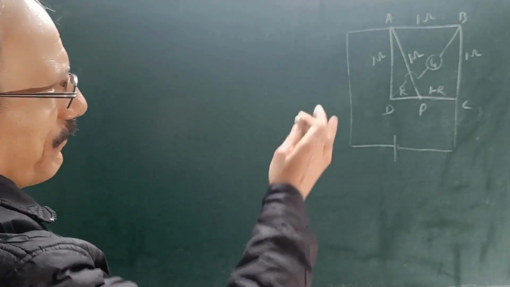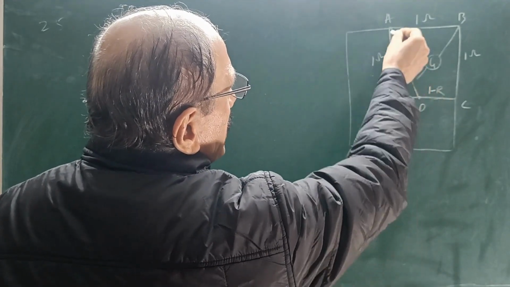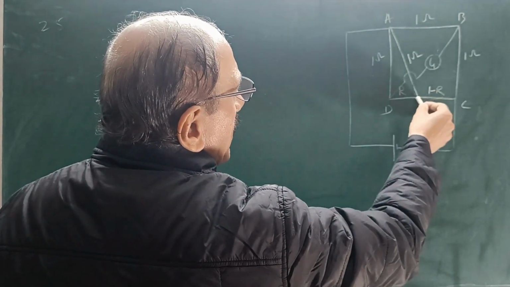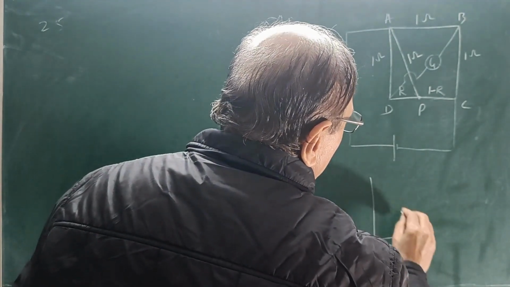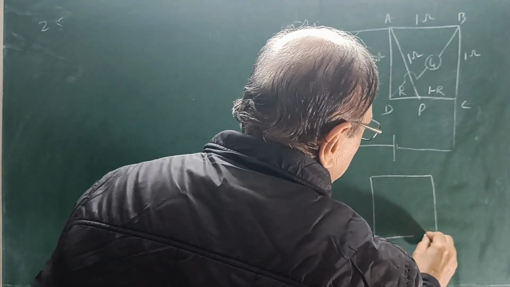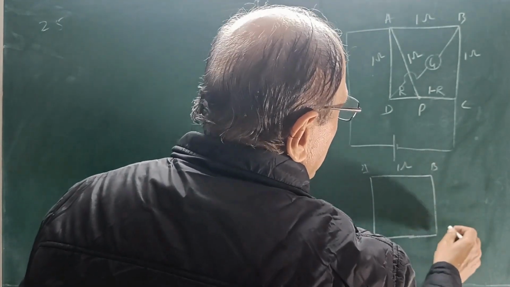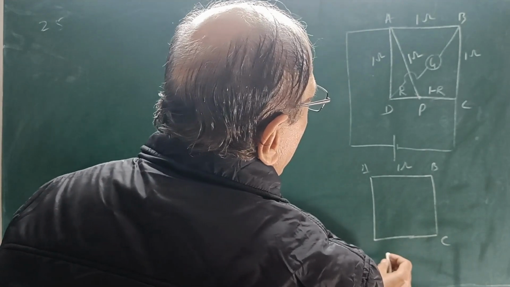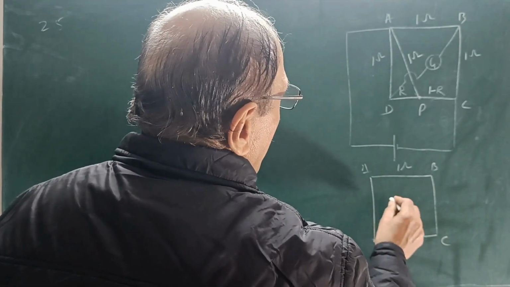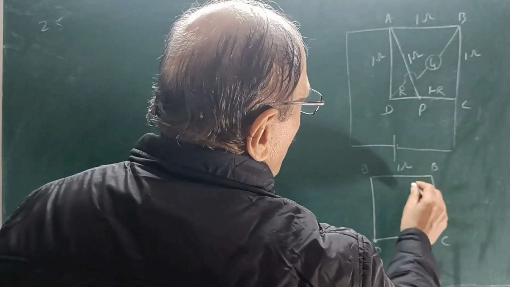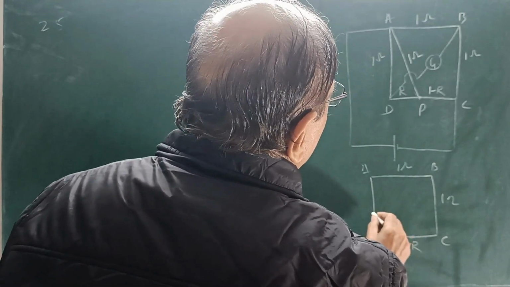So if we try to find out this resistance, this is in series and this is parallel to this. Then we'll get a circuit like this. This is 1 ohm, this is A, this is B, this is C, and then this will become P. So this resistance is 1, this is 1 ohm, this is 1 minus R.